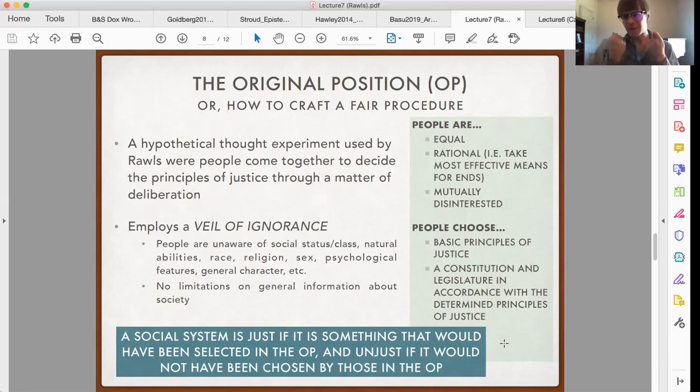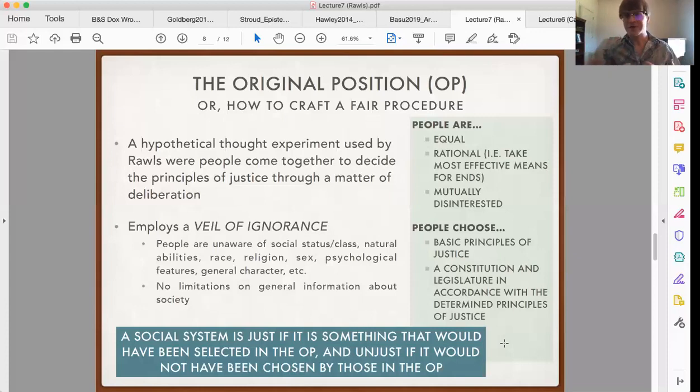Rawls wants to say that how we go about writing our constitution or coming up with the principles of justice is to enter the original position. In the original position, we are coming up with the principles of justice, but we also put on the veil of ignorance, right?